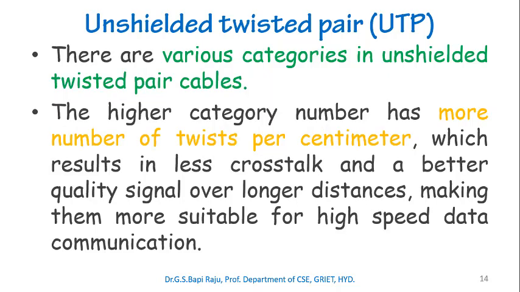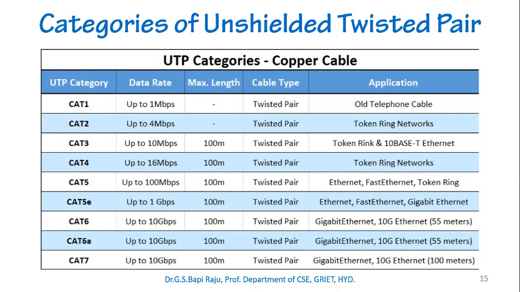Coming to unshielded twisted pair, there are various categories. The higher category has more twists per centimeter, and the lower category has fewer twists per centimeter, which results in less crosstalk and a better quality signal over longer distances, making them more suitable for high-speed data communication.